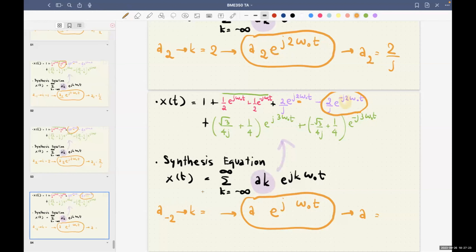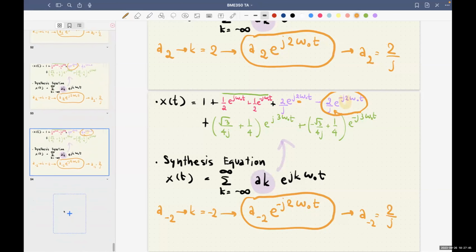So a negative 2, which means k equals negative 2, is negative 2 e to the j omega t. And the coefficient that we're going to get, what is it going to be? 2 over j, right? And we're done with that term.